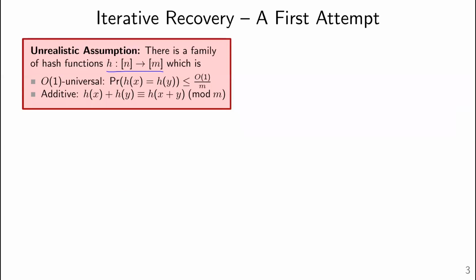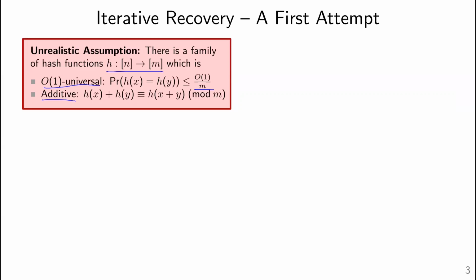We want this family to be constant universal, which means that the probability that two distinct keys hash to the same bucket is at most a constant over m. This is in particular the behavior which you would expect from a purely random function. Next, we want this hash function to be additive, which means that the hash of x plus the hash of y is equal to the hash of x plus y, say modulo m, which is the number of buckets.